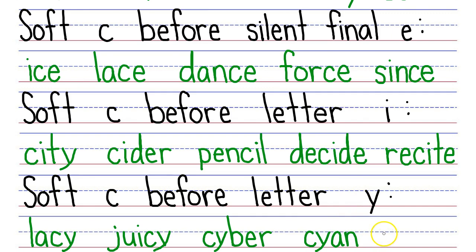Next word, cylinder. We've got the C that makes the soft C sound, S, because it comes before the letter Y that makes the short I sound, I, because it's closed in by the consonant letter L. First syllable, sil. Second syllable, in.